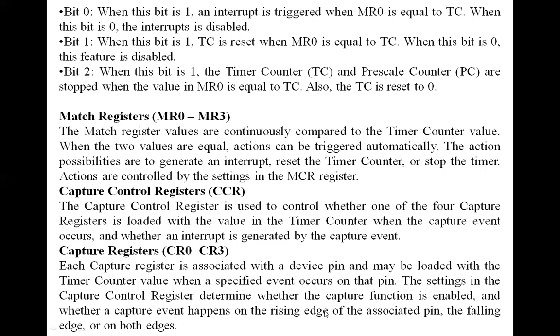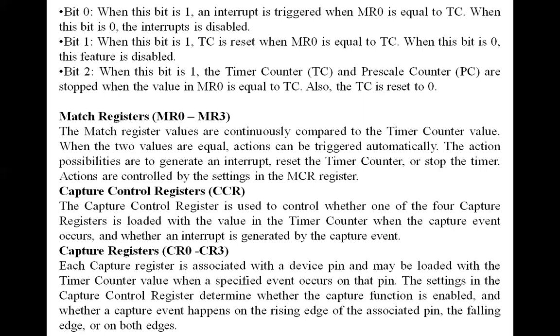Last is the capture register. It is shortly called CR0 to CR3. Each capture register is associated with a device pin and may be loaded with the timer counter value when a specified event occurs on that pin.